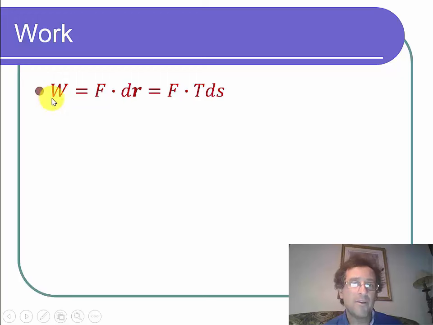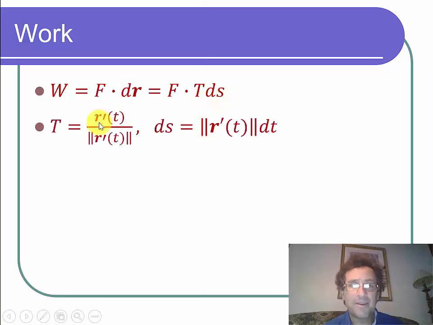In particular, work is equal to F dot dr, force times distance. And that's equal to F dot T ds. T, if you remember, was r prime of t over the magnitude of r prime of t, because T is a unit tangent vector. That was our definition. The great thing about this is ds is the magnitude of r prime of t dt, and if you multiply T times ds, the magnitudes of r prime cancel.